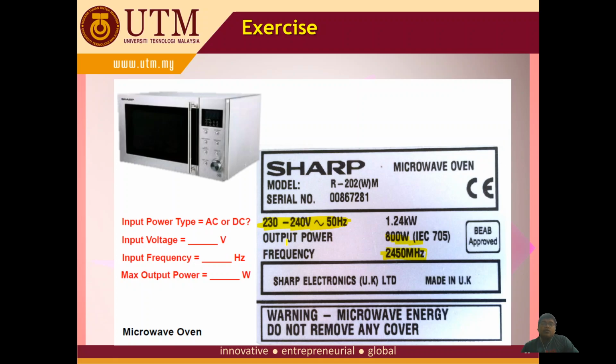Normally any electronic product or anything related to electricity always has a label. You can always see the label to find out whether the input is AC or DC, the output is AC or DC, and the frequency and other data.